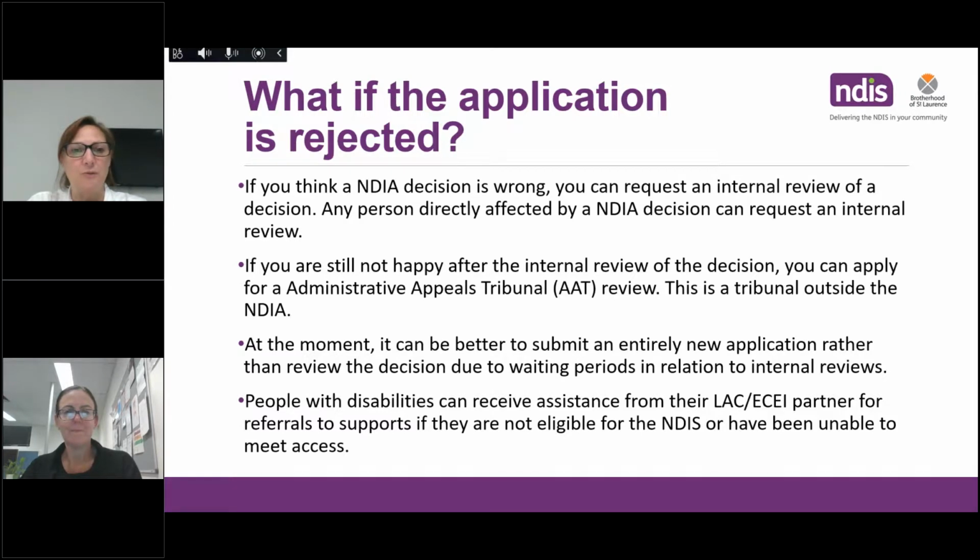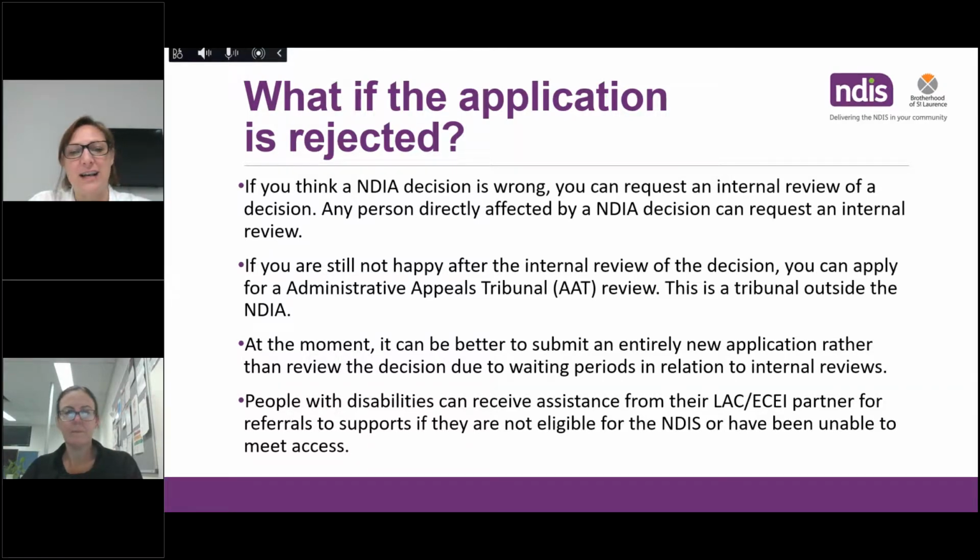If a family or a participant thinks that the NDIA decision is wrong, or they don't agree with the decision in terms of access not being made, they can certainly request an internal review. And if they're still not happy, there are different levels that you can move up. The NDIA reviews it in an internal review, then there is an Administrative Appeals Tribunal review, which is outside of the NDIA.